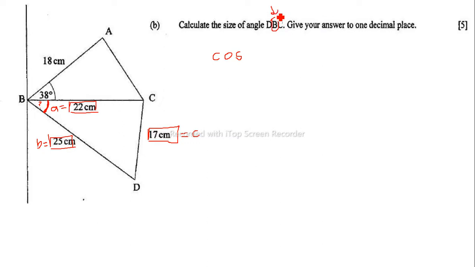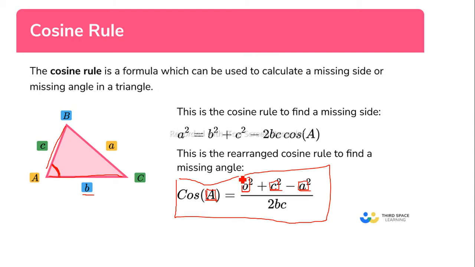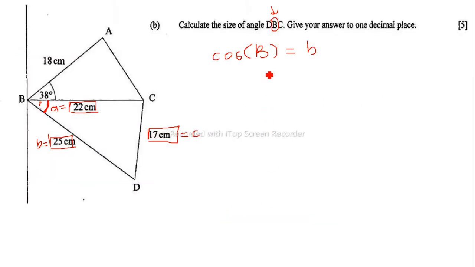So cos of B is going to be equal to B squared. We're just using the formula. Now they have cos of A, but it doesn't matter. That's where the missing angle goes. So that's why I asked if it's B. Yeah, it's B, so it's gonna be B squared.